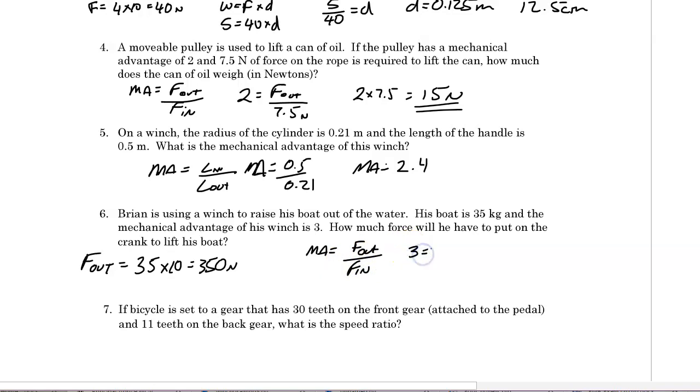That's going to be 3 is equal to 350 divided by the force on the input, because we want to know how much force we're putting in, or force on the input is equal to 350 divided by 3, or 117 newtons to the nearest whole number.